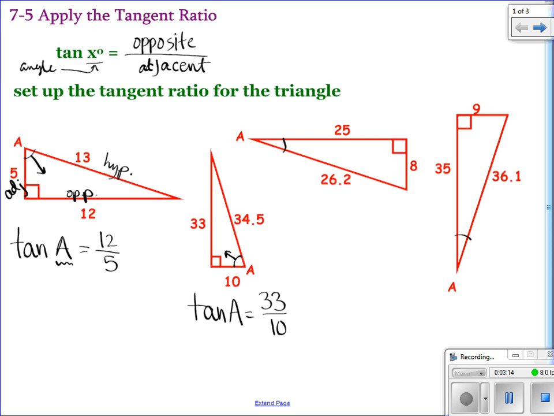On the next one, tan A, the opposite side straight across from the angle is 8, and adjacent to it is 25. On this one, tan A, opposite across from it is 9, and adjacent to it, we don't want to pick the hypotenuse, adjacent to it is 35.